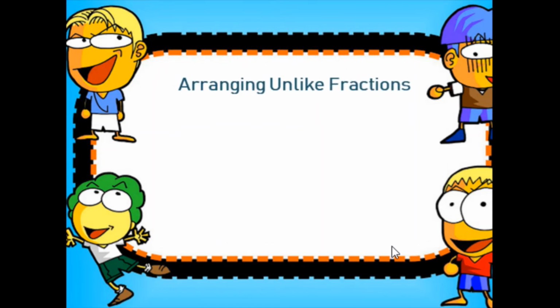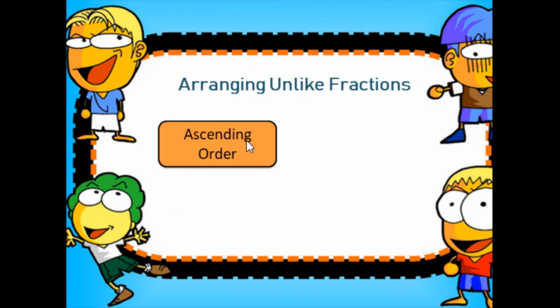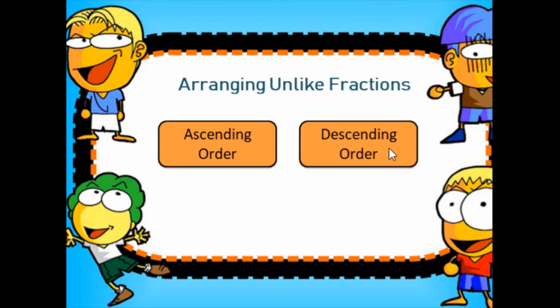Let's go to the last topic for this video. Arranging unlike fractions. In this topic, you're going to need the vocabulary such as ascending order. Again, please. Ascending order. Descending order. When you say ascending order, the value is going up or down?